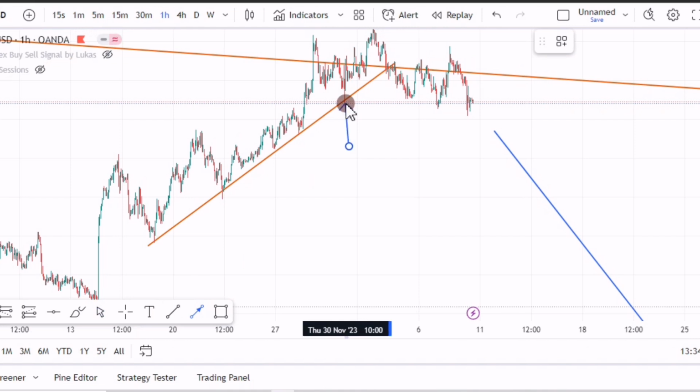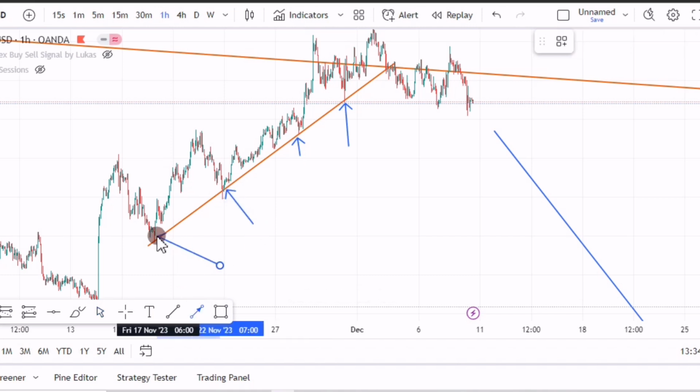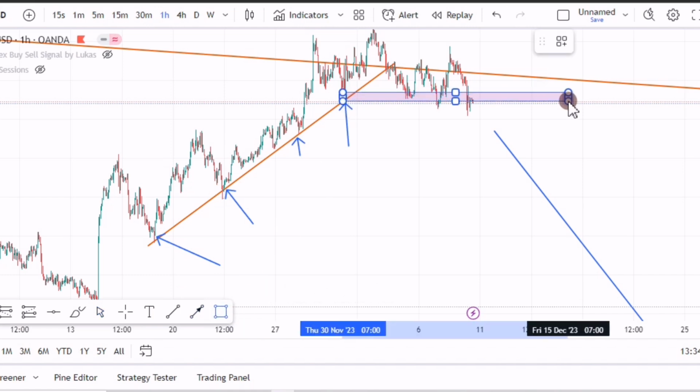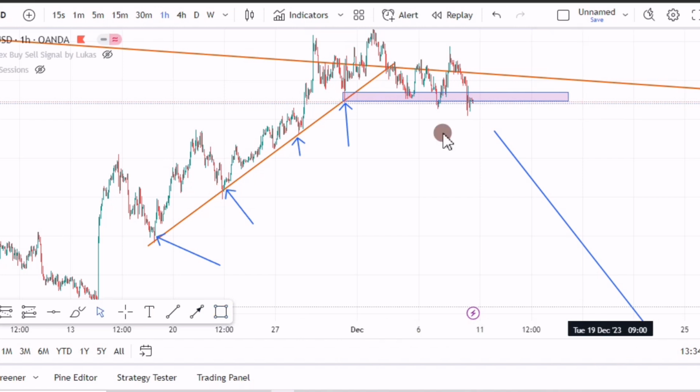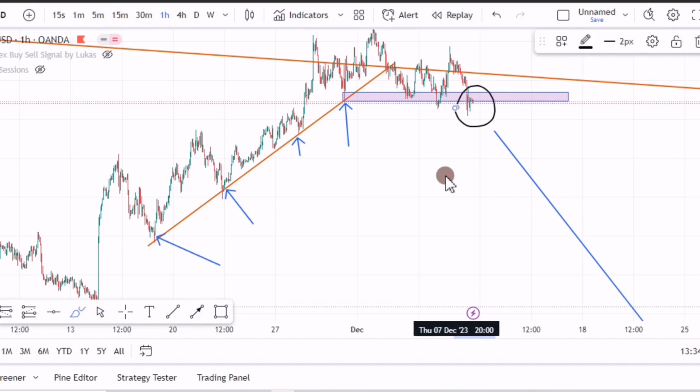You mark the areas that are touching the trend line, mark them like that. They are important because for the first one, you use it to confirm the breakout. So if price will make a clear closing below this key level right there, you confirm the sell.